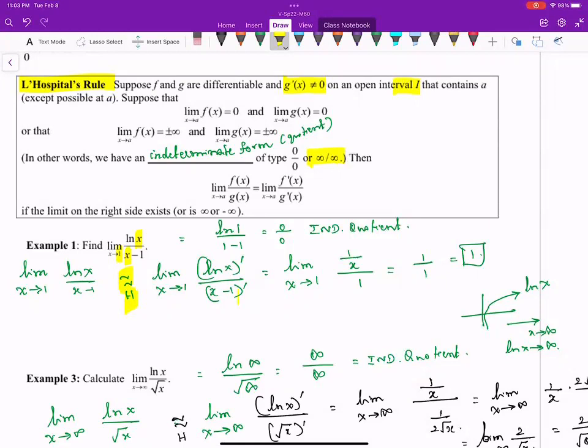The derivative of ln x is 1 over x, and the derivative of the denominator is 1. Now plug in x equal to 1 here. It's 1 over 1 divided by 1, which is equal to 1. So what was earlier a 0 over 0 now becomes just the value 1.